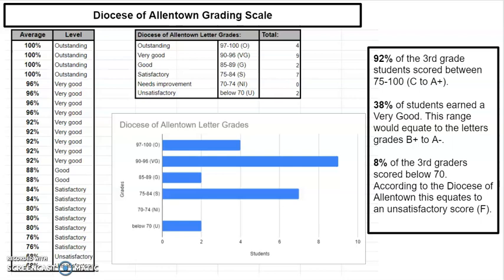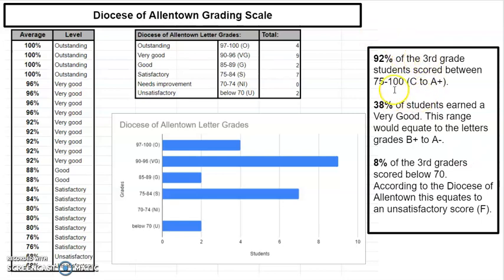So according to this grading scale, an unsatisfactory would not demonstrate a proficient level of understanding. This provides me with an opportunity to remediate measuring matter with these 2 students. It may also benefit the 7 students who scored satisfactory to review the science content on measuring matter as well.